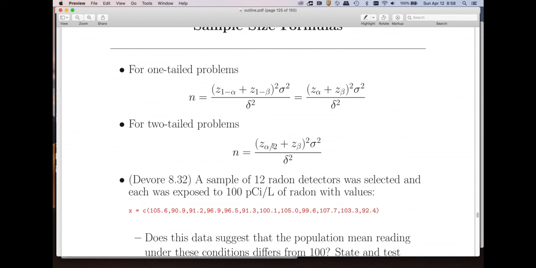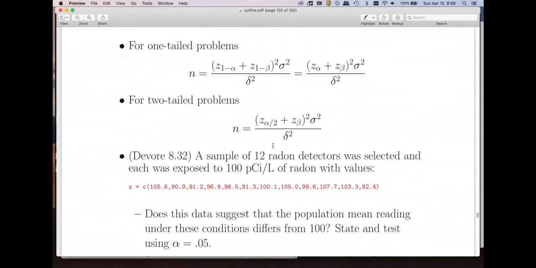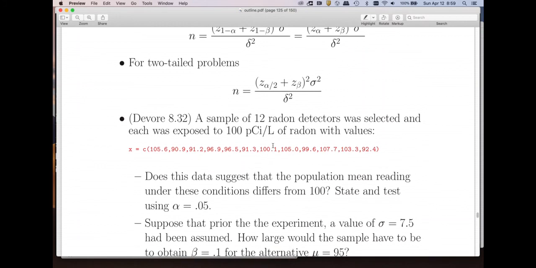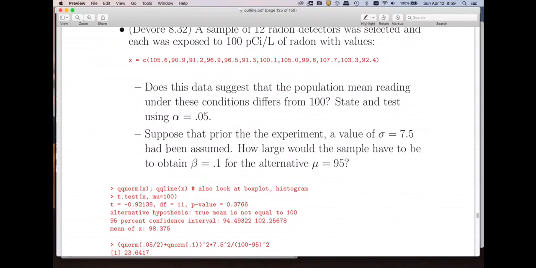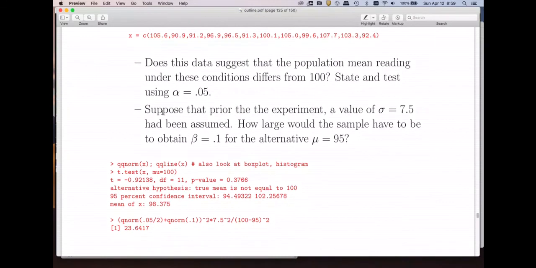And so here's the formula. Let's just do one more example. We have 12 radon detectors, and we've observed values from those detectors. So I've got 12 values from them. And let's skip ahead to the part down here. Suppose that in this prior experiment, a value of sigma equal to 7.5 had been assumed.